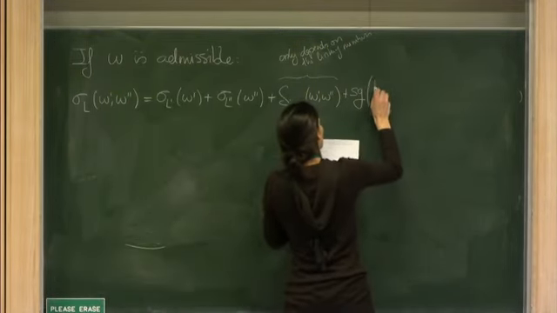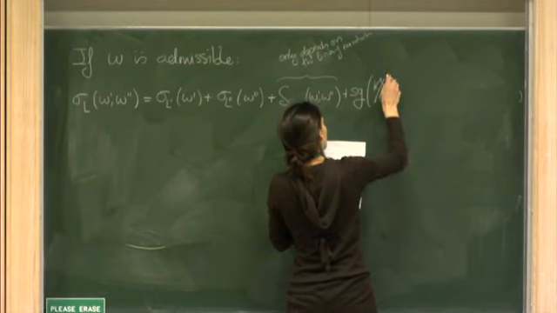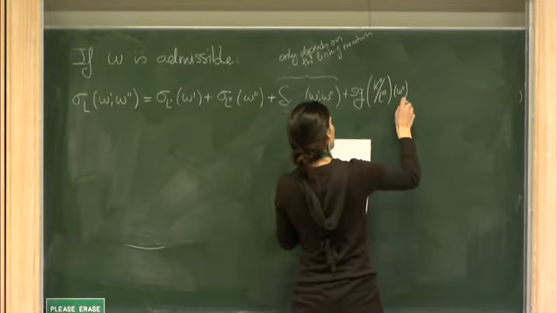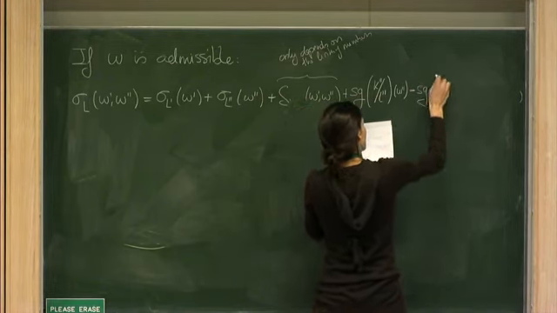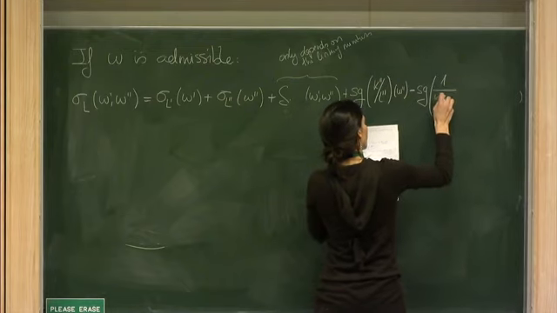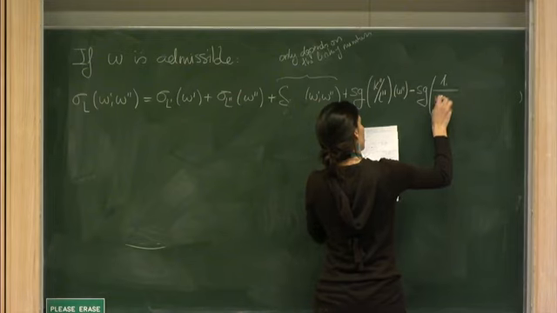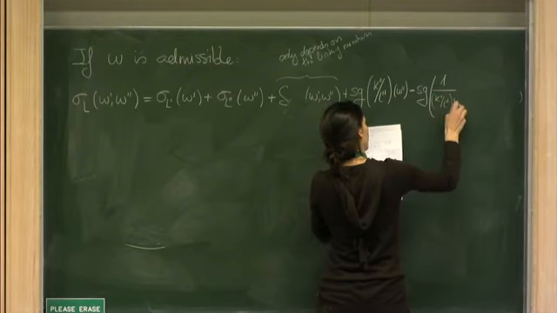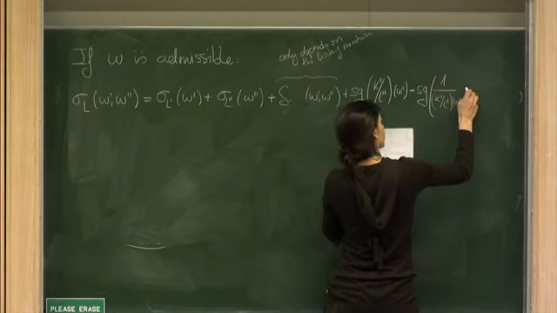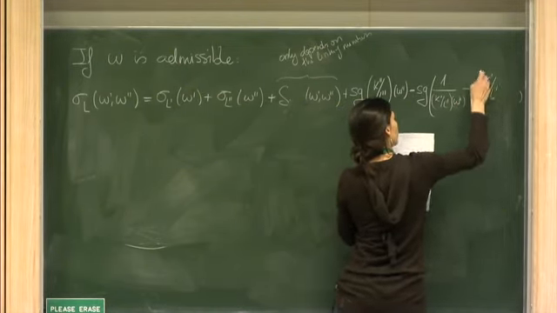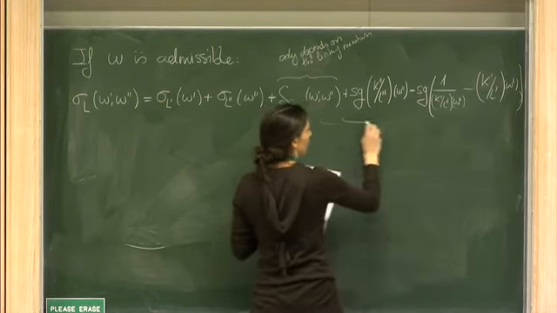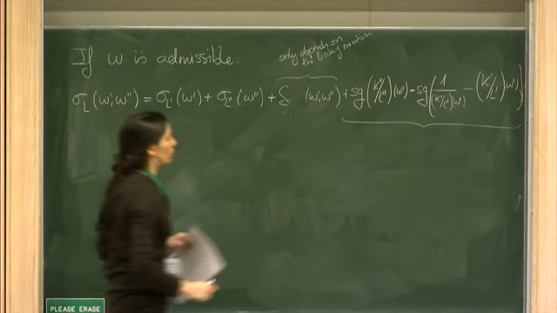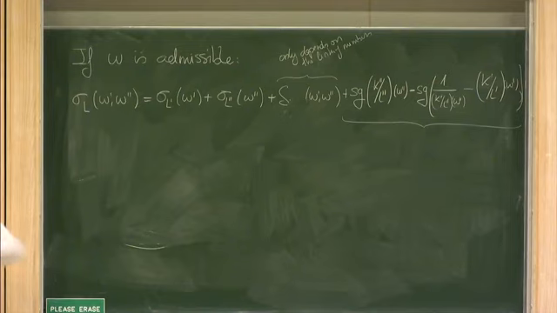So the sign of the slope evaluated in omega prime minus, and something that is not completely trivial, the sign of 1 over omega double prime, no, sorry, KL in omega double prime minus the slope in omega prime. And this here adds up to minus 2, minus 1, 0, 1, or 2.